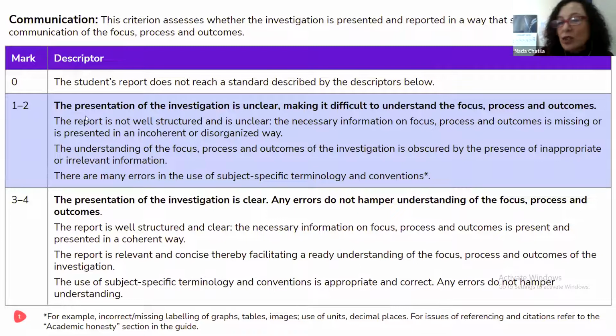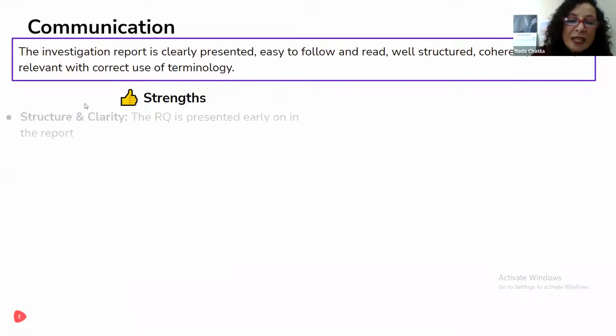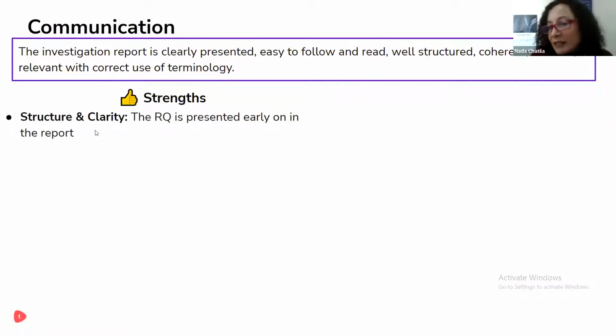The last criterion is communication. And we have, again, different descriptors. With the first descriptor, structure and clarity, the research question is presented early on in the report. This is very important. We should not read the first 2 pages and still wonder what the student is going to talk about.